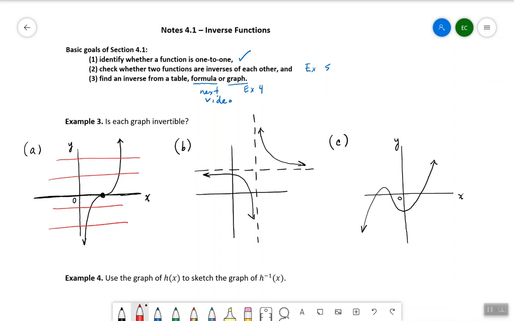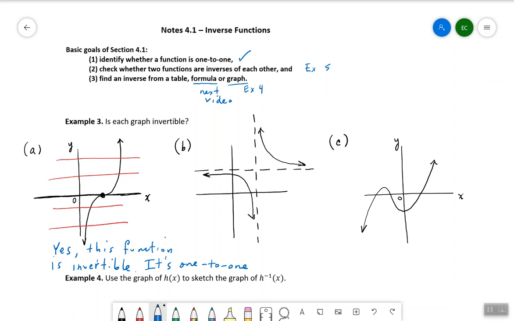So the answer is yes. This function is invertible. It's one-to-one. And you could say one more thing. You could say it passes the horizontal line test.